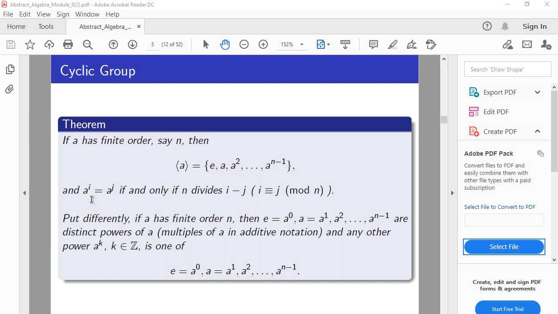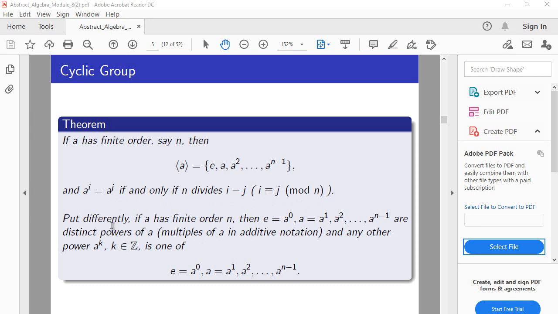And in particular, a to the i and a to the j are equal if and only if n divides i minus j. And the statement that n divides i minus j is the same as saying that i is congruent to j mod n.